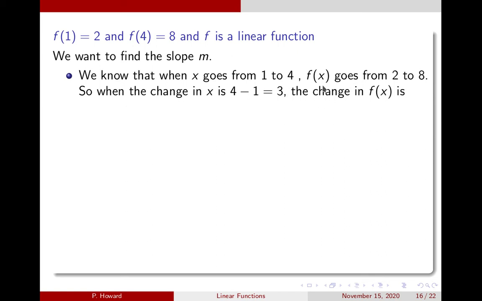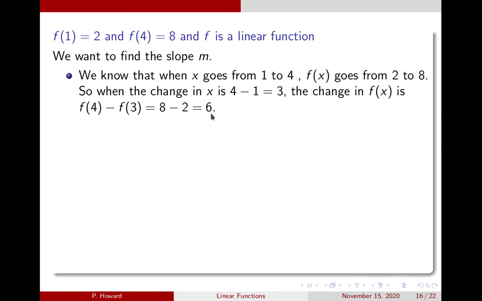The change in f of x from 2 to 8 will be f of 4 minus f of 1. It'll be 8 minus 2, which is 6. So a change in x of 3 units produces a change in f of x of 6 units. What will a change in x of 1 unit produce in f of x?